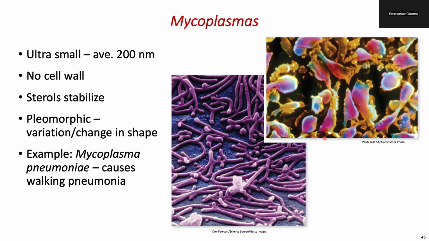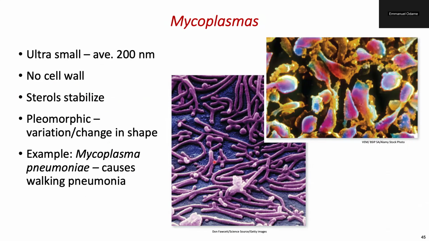So let's talk about mycoplasmas. These are extremely small bacteria, and most of the time, or all of the time, they have no cell walls. They really don't have any cell walls, and they are sterilization stable. So no matter how much you sterilize them, they are stable, and they are pleomorphic in nature, varying in shape and size. An example is Mycoplasma pneumoniae, which causes walking pneumonia.